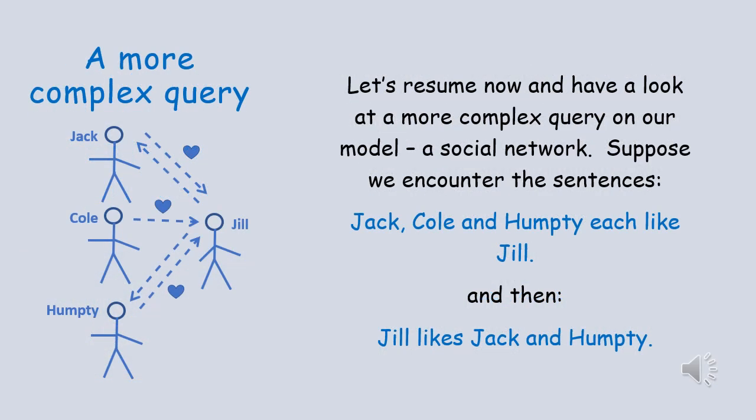Let's resume now and have a look at a more complex query on our model, a social network. Suppose we encounter the sentences "Jack, Cole and Humpty each like Jill", and then "Jill likes Jack and Humpty".